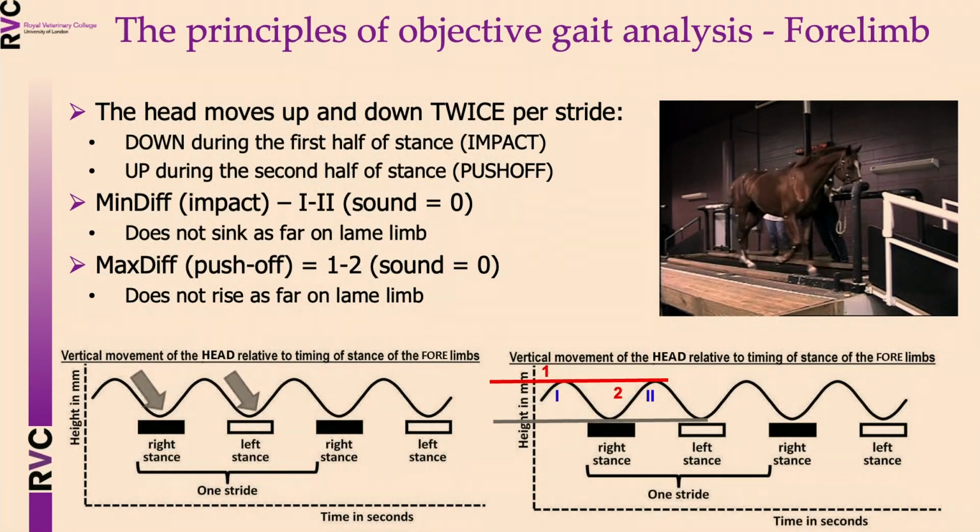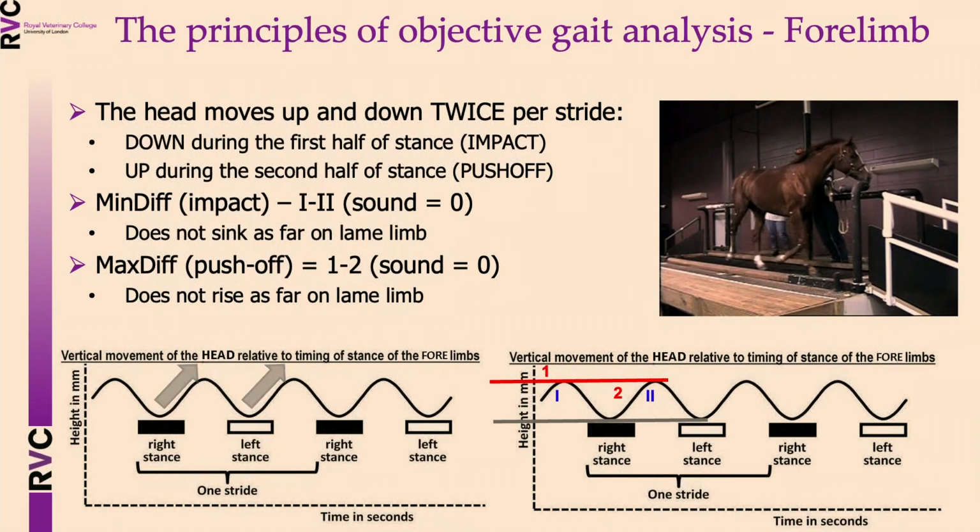For the first half of the stance phase, the head moves down. This is known as the impact phase. For the second half of the stance phase, the head moves up.